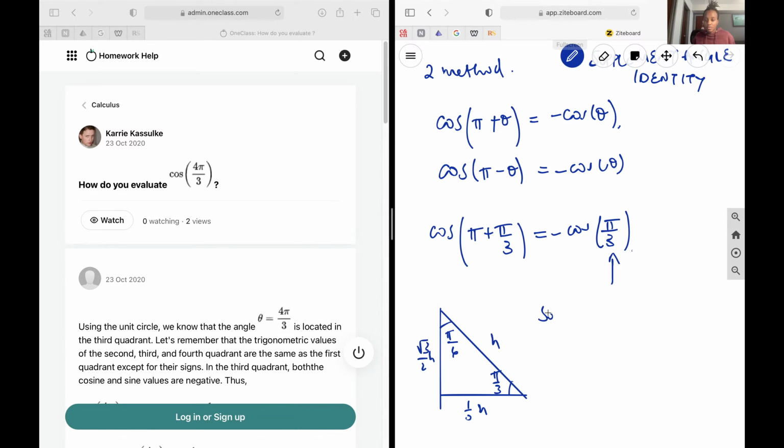And so using SOHCAHTOA here, I will have that cos pi over 3 is equal to adjacent over hypotenuse, so 1 over 2 h over h, and that's 1 over 2. So cos 4 pi over 3 is going to be negative 1 over 2.